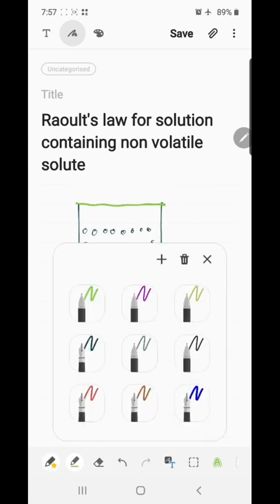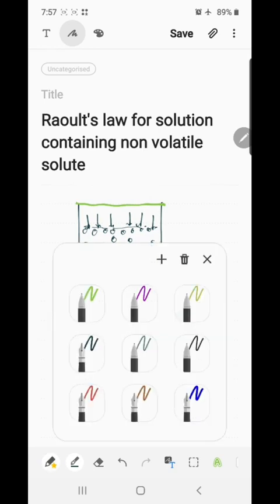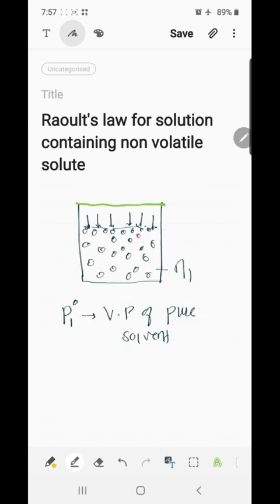Since this solvent is volatile, at equilibrium the vapors of this solvent exert pressure on the surface of the solvent. That solvent is pure solvent, so we call that vapor pressure P01, that is the vapor pressure of pure solvent.